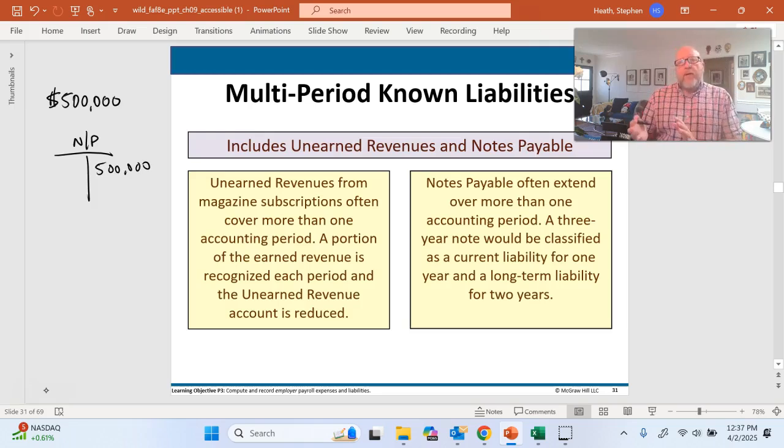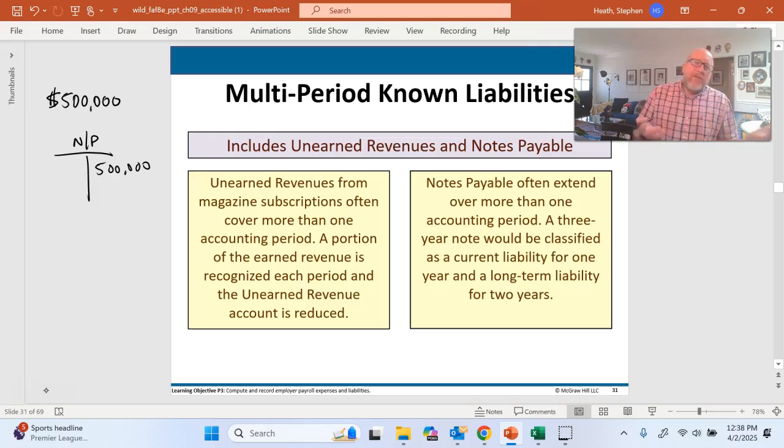However, when we present that 500,000 on the balance sheet, we're going to show 100,000 in the current period. And so we'll call it the current portion of long-term liabilities due. So of the 500,000, since I'm paying it back in equal installments over 5 years, 100,000 is going to show up in the current portion, and then 400,000 will be the amounts that are due, but they're due longer than 1 year.